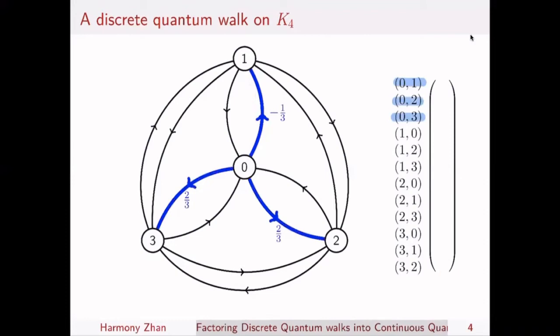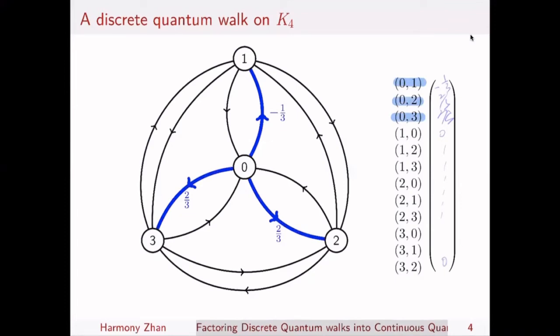And after this coin flip, I'm now everywhere, on all these arcs starting from 0. So this new state is -1/3 here, 2/3 here, 2/3 here, and 0 elsewhere.